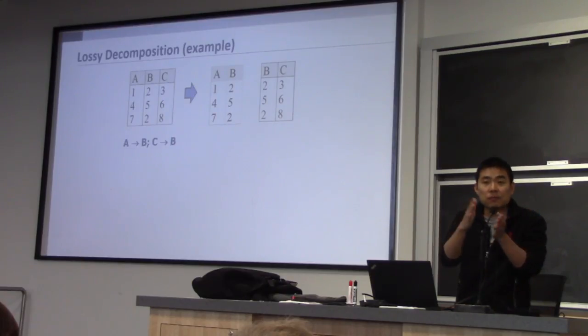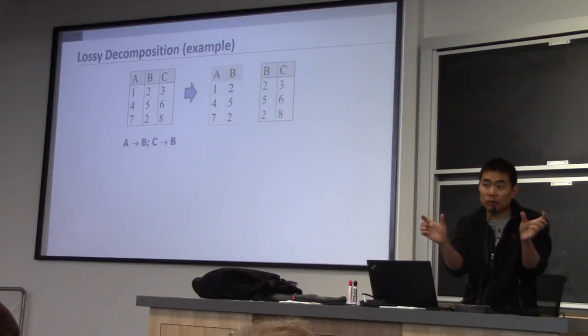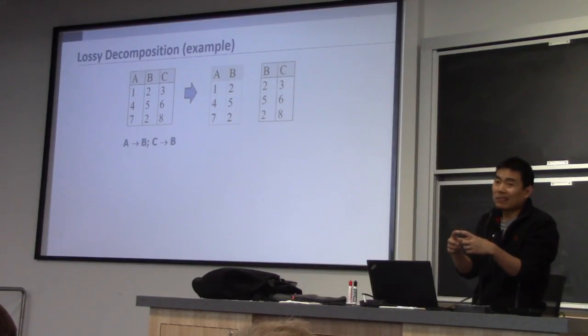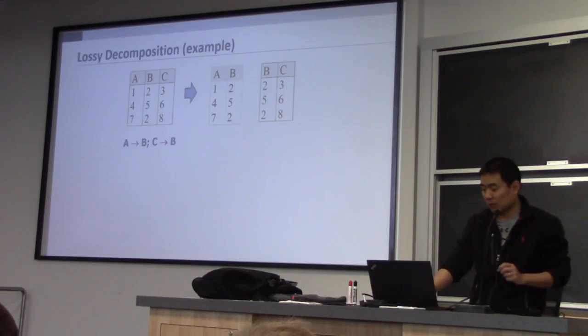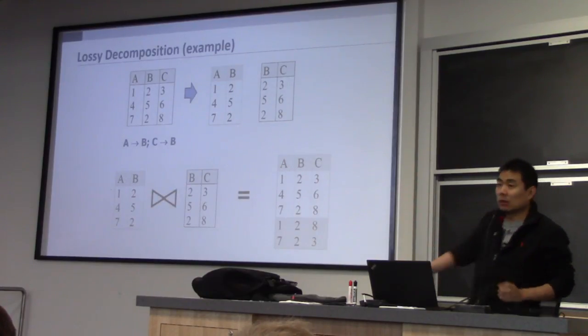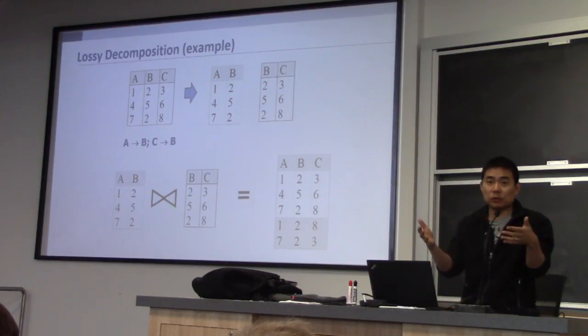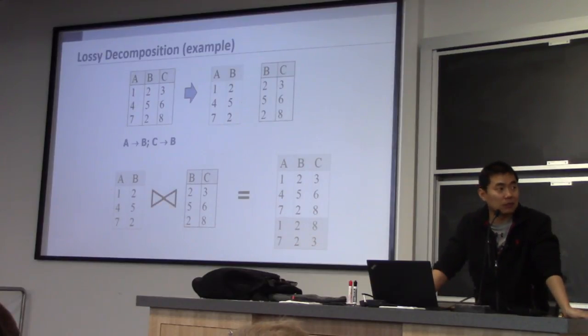Lossy, in this case, refers to the fact that when you join the decomposed instances back, you do not get the original instance. It does not necessarily mean you're losing records per se, right? You may get what we call ghost records. For example, these two are ghost records that do not exist in the original instance, but as a result of your decomposition, when you join them back, you get those records that do not actually exist in the original instance.